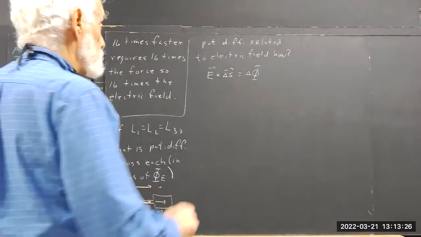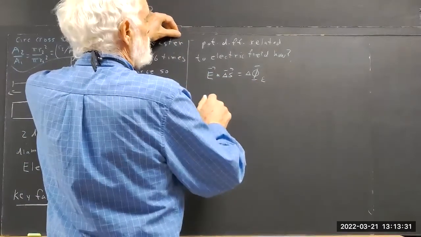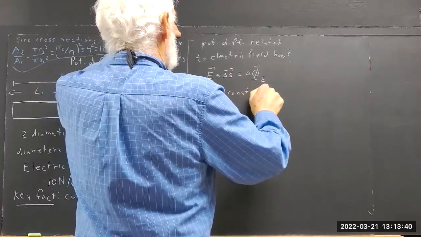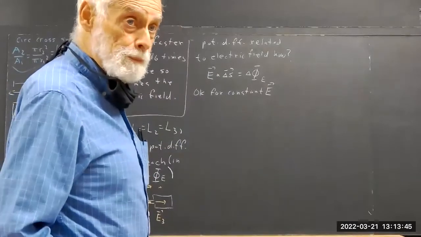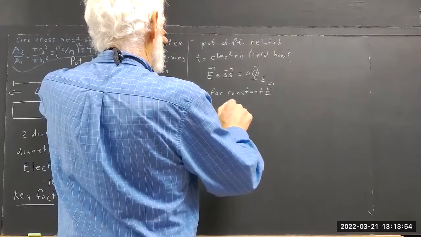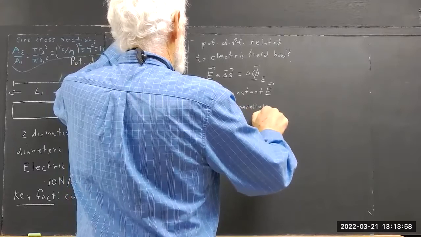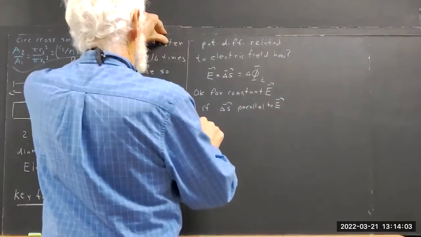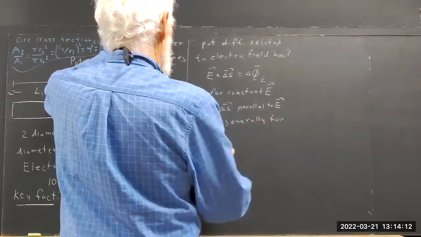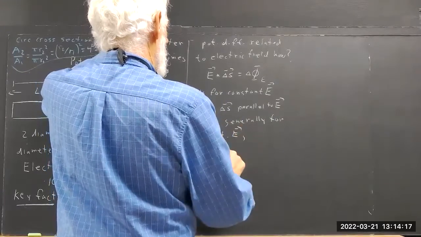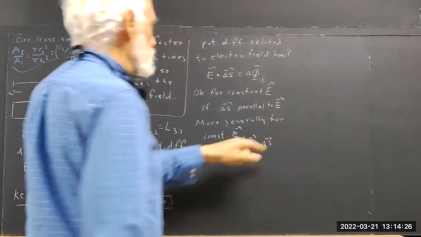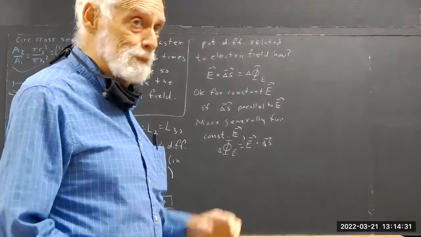Okay, which is really okay for constant E, if your delta S is in the same direction as E. It's E dot delta S, and if you understand the dot product, then you really need to be sure you do.